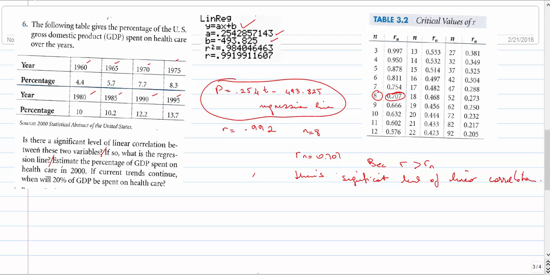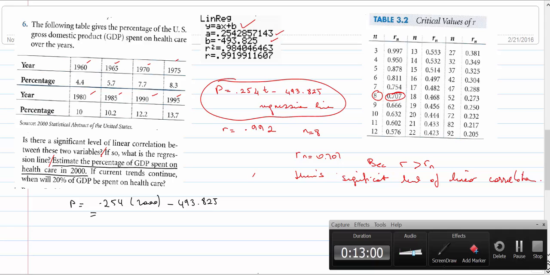To answer, estimate the percentage of GDP on healthcare in 2000. So P is equal to 0.254 times 2000 minus 493.825.